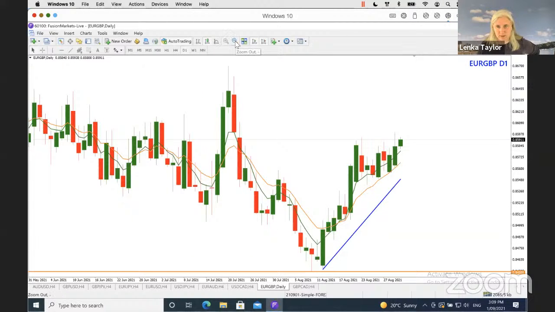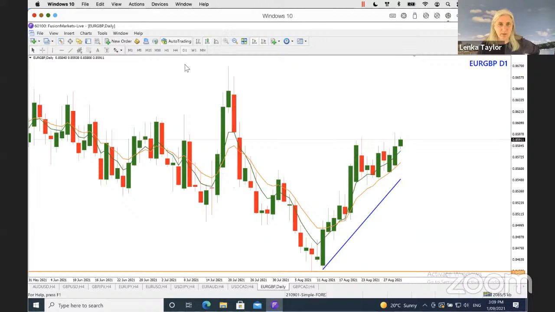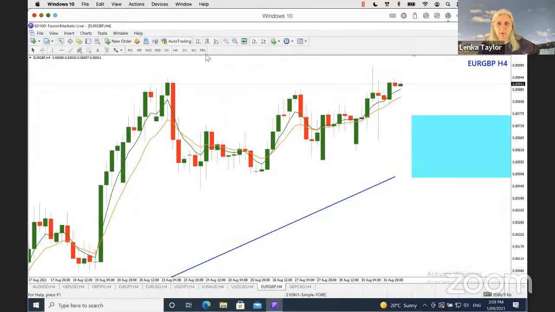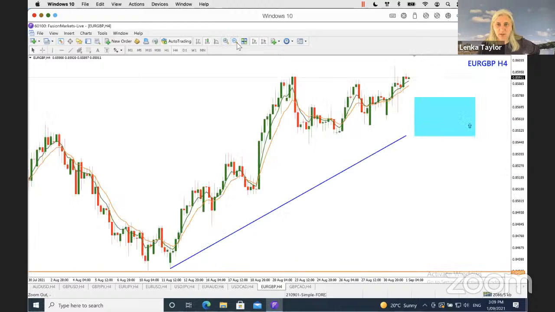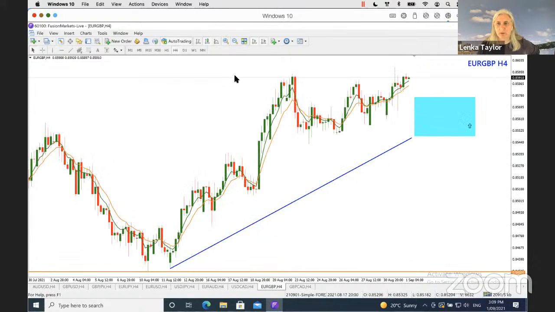At the moment, it had that first one. I'm looking for some pullback first. If there is any pullback, or sideways movement, then possibly looking for a long at that point. So looking for a long on EURGBP.